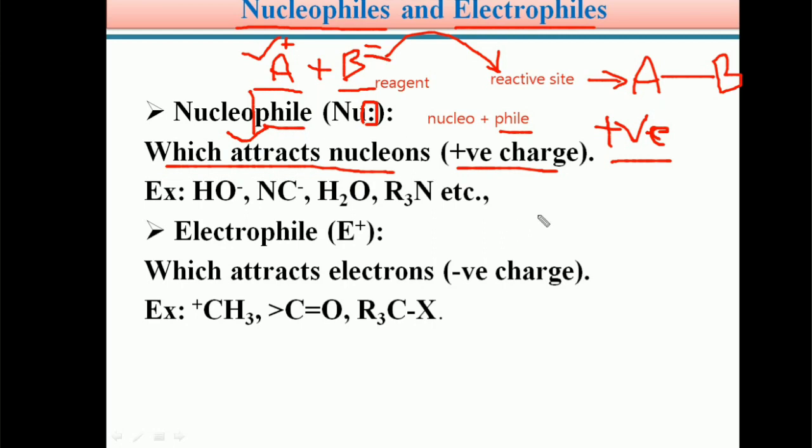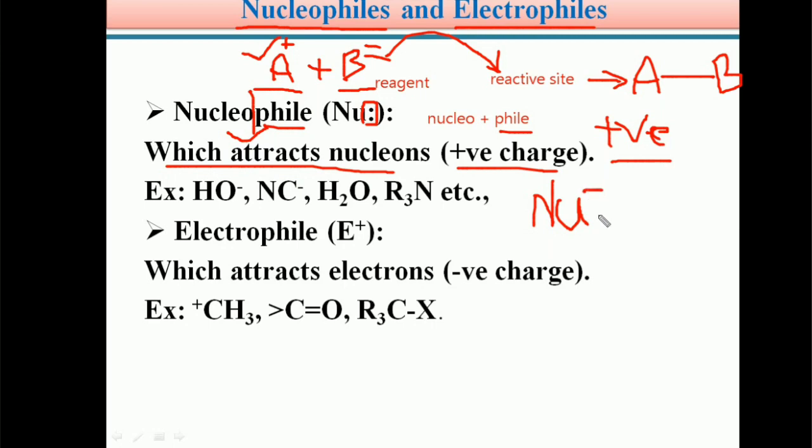Students, in short, the general representation of a nucleophile is a capital N, small u. A nucleophile may have a lone pair of electrons, or a nucleophile may have a negative charge.